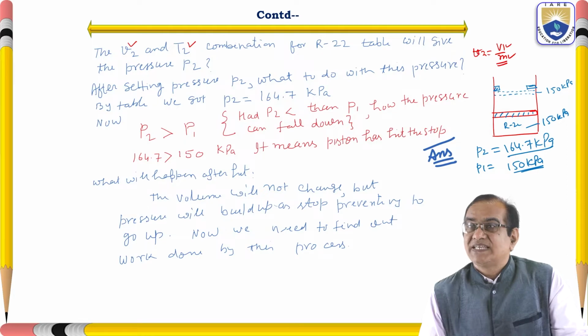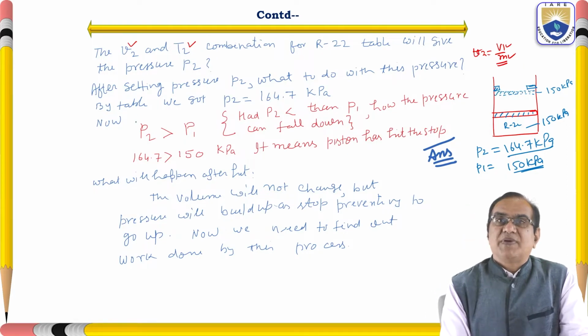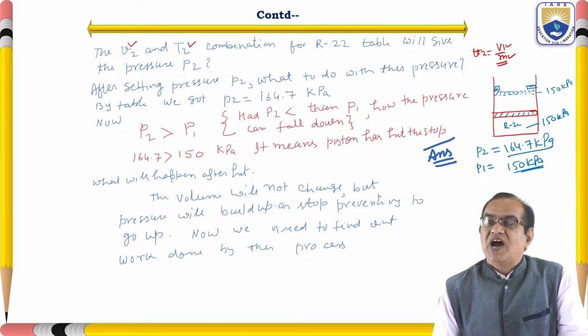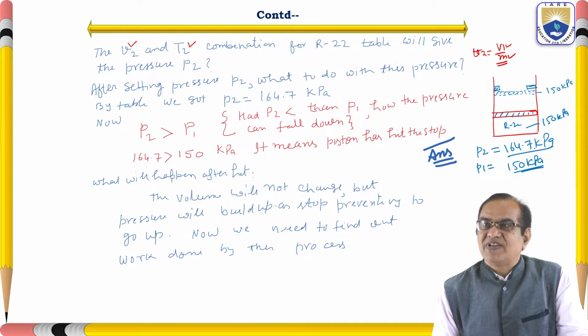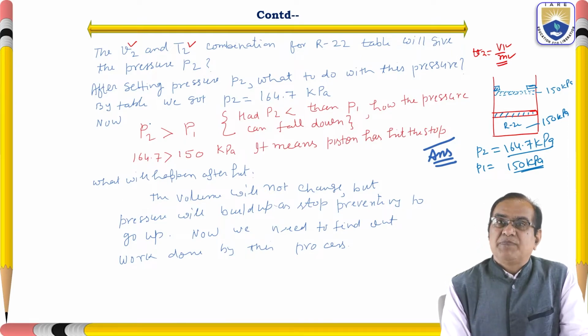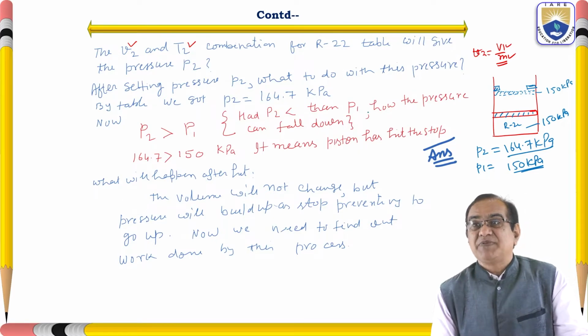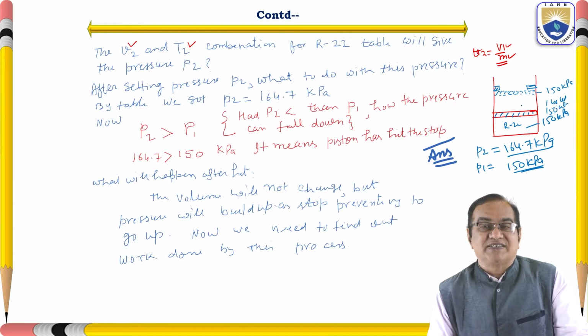So the answer is yes, because this P2 which we got from the table, 164.7 kilopascal, is greater than P1. Had P2 been less than P1, say 140 kilopascal, it will not hit. Or if it is 150 kilopascal also, it will not hit.